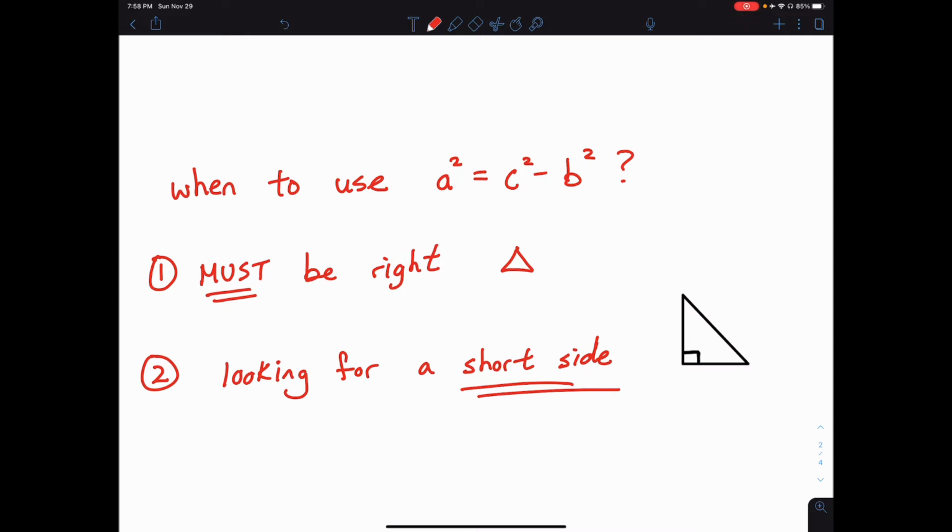So in this scenario, we are using subtraction, where we have c squared minus b squared, and we're trying to look for the short sides. And again, as earlier, we mentioned that if we go across from the square, this is the hypotenuse, the longest side, which will always be C. So that means that A or B can be either one of the other remaining sides.